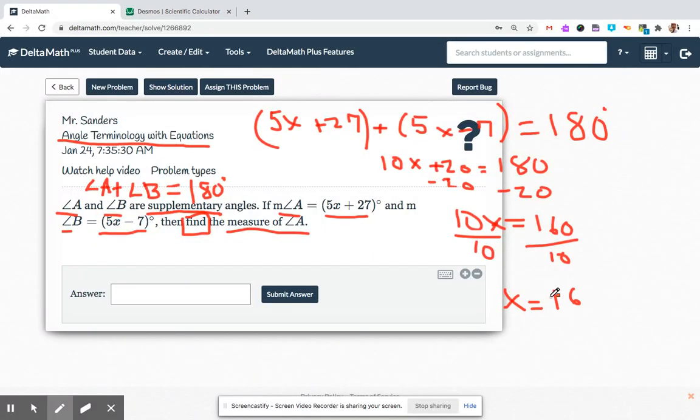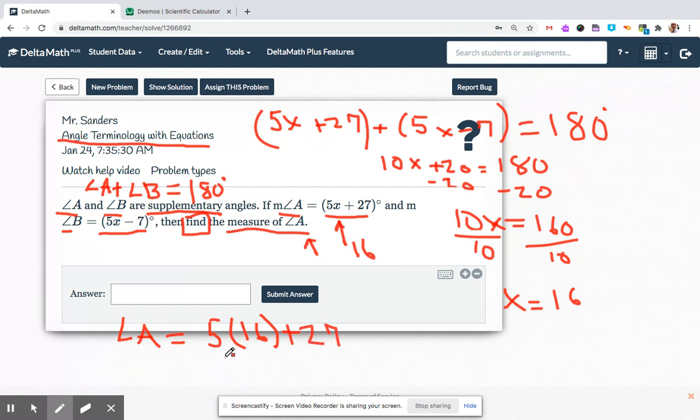Are we done? Is x what they asked for? Be careful. Always reread the problem before you finish it off. They want angle A. So angle A is this one. That means I'm plugging in 16 for x. So angle A is equal to 5 times 16 plus 27.